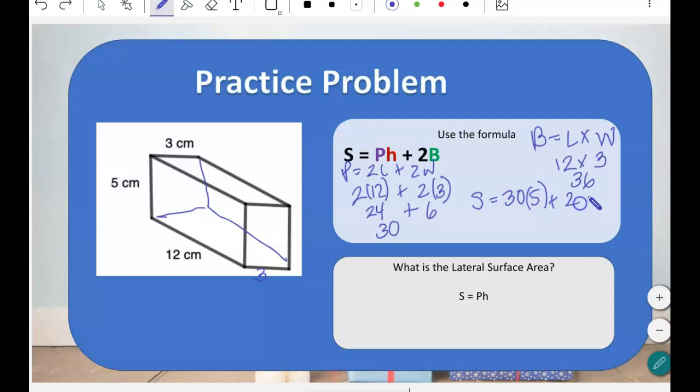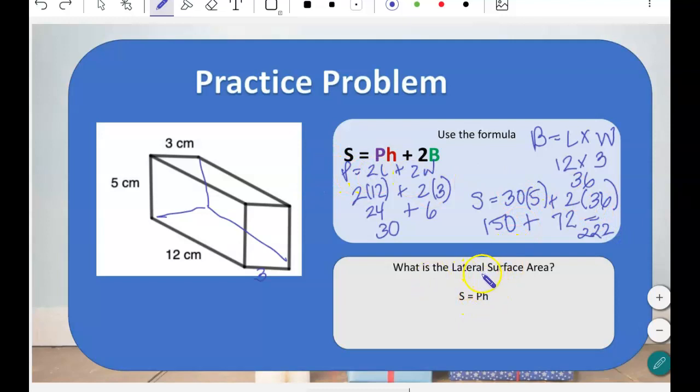Then we do 2, and our B was 36. Multiply 30 times 5 is 150. 2 times 36 is 72. Add it together, it's 222. That's the total surface area.